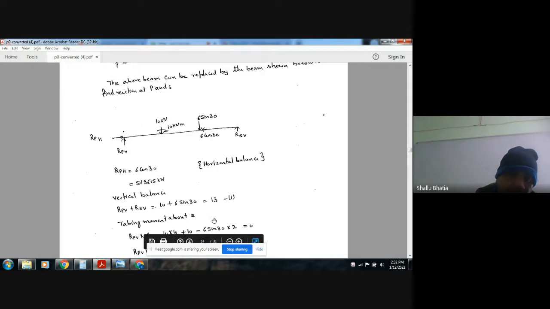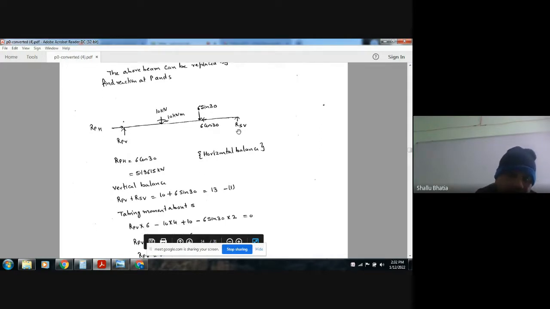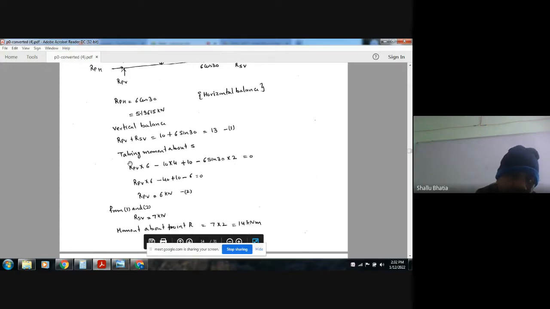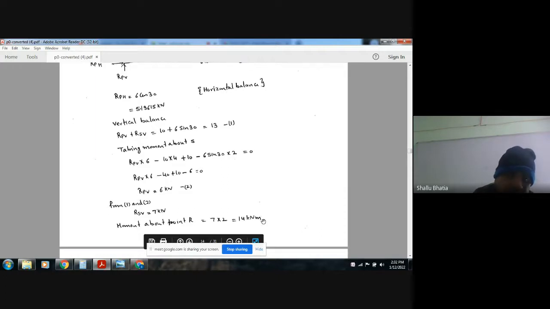Now taking moment about this point S, the total length is 6, so RPV into 6, and this is 4, 10 minus 4, and this is equal to 10 plus 10, minus 6 sin 30 into 2. From this we can get RPV, and from the equation we can get RSV also. So RSV is 7 kilonewton.